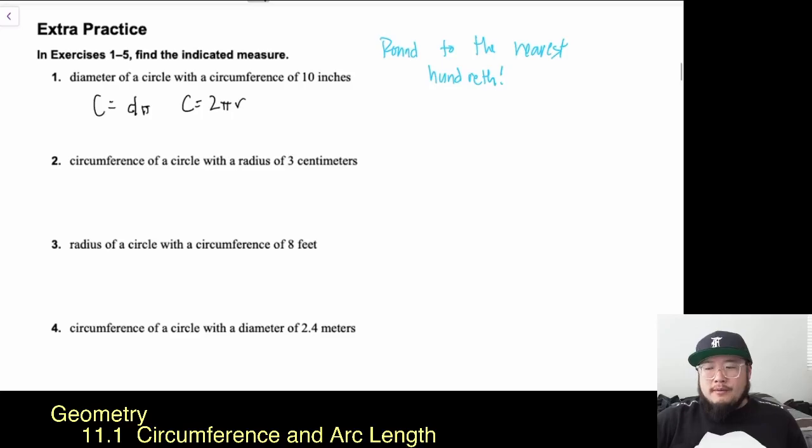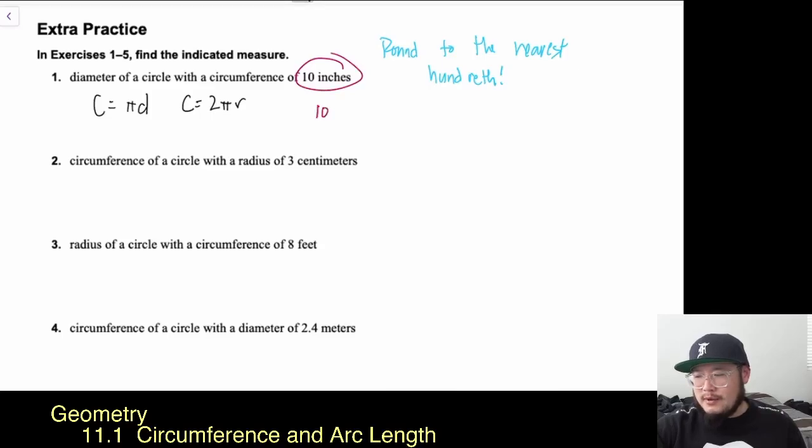I like pi times d, or d times pi. Let's go ahead and put it like this, since that's what we have in the book. Because, hey, we're trying to find the diameter here. Since they gave us a circumference of 10 inches, let's plug 10 in for circumference, and then we have ourselves pi times d.